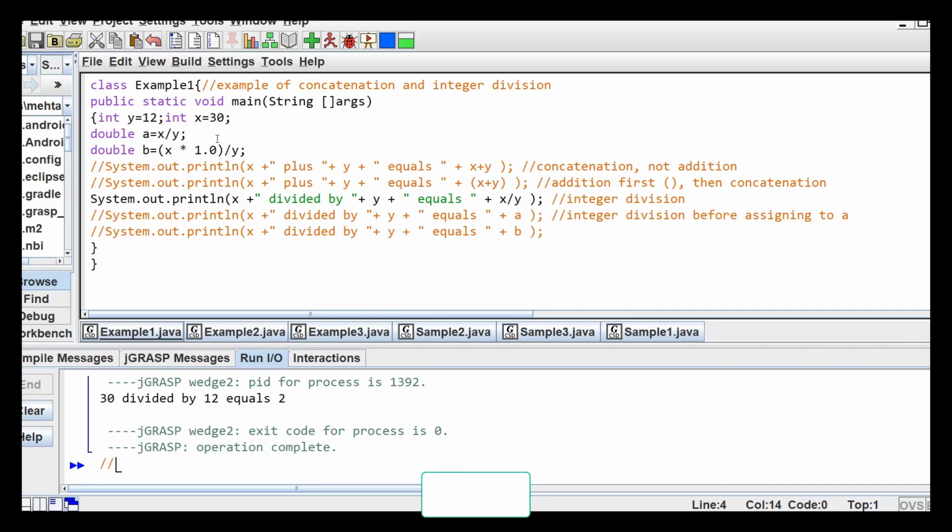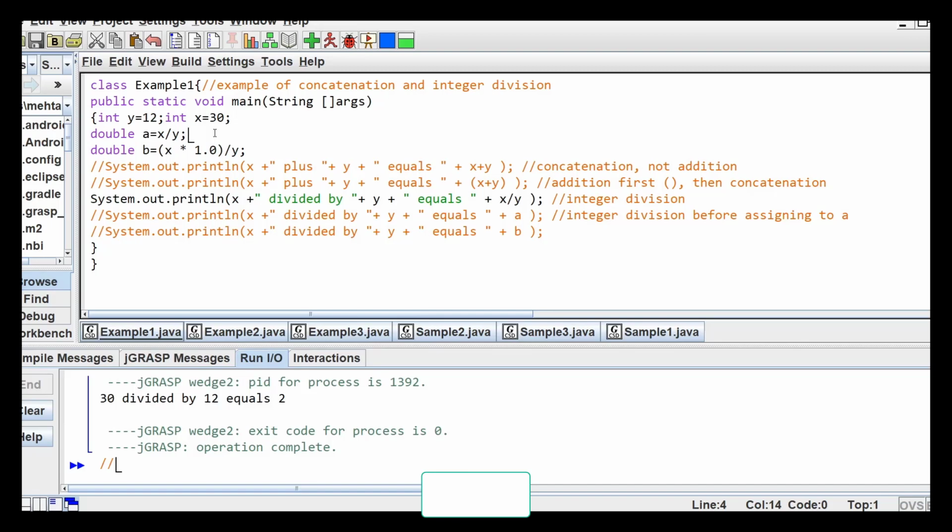With division, a double divided by a double is a double. A double divided by an int is a double. An int divided by a double is a double.